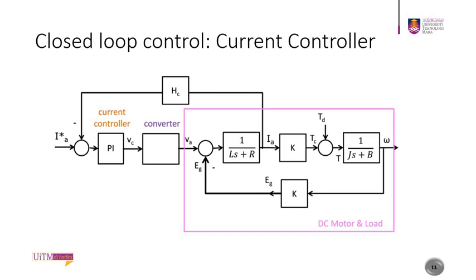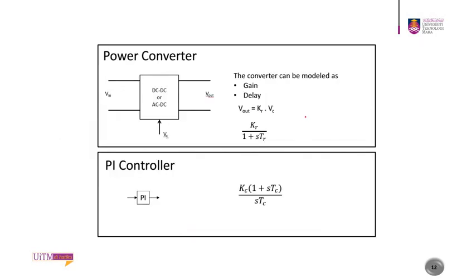So for a current controller, we can assemble. You have your current PI controller, your converter, and we put in the DC motor model here. So what's missing is the converter part. How do we model the converter?